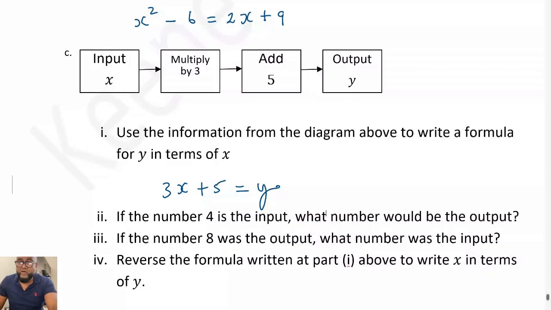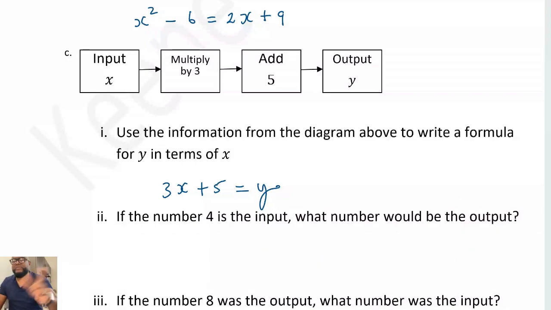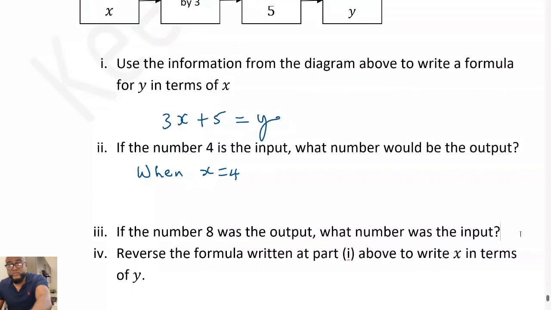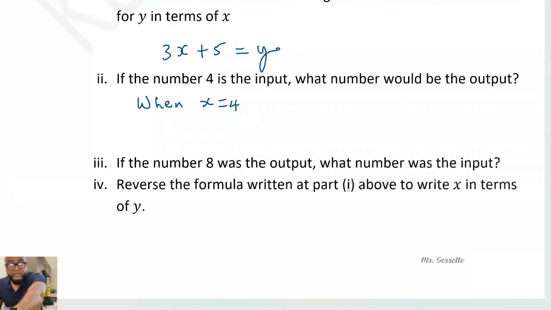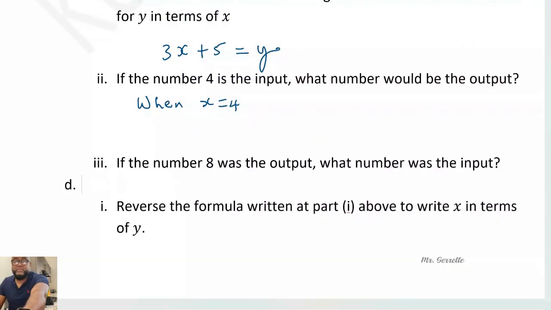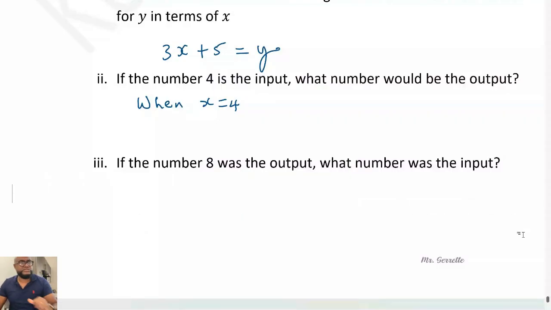If a number 4 is the input, what number will be the output? What letter represents the input again? X. So basically, the question is saying when X is equal to 4. I want you all to solve it. I'm leaving that for you all to solve for homework, right? And if a number 8 was the output, what is the input?